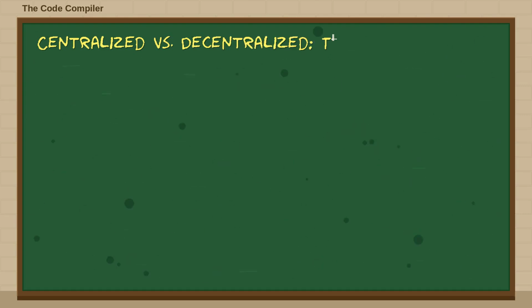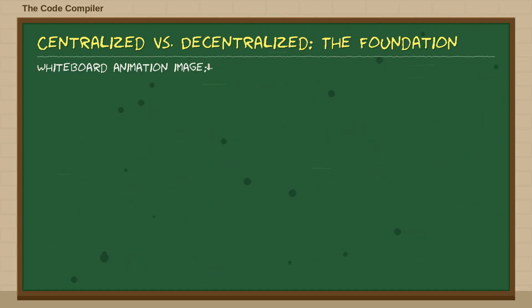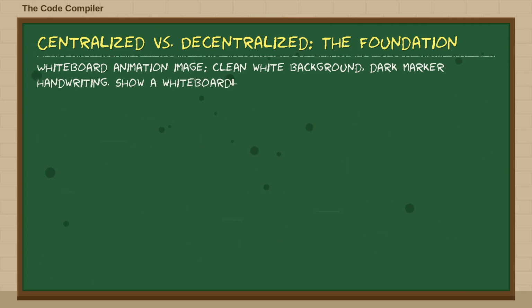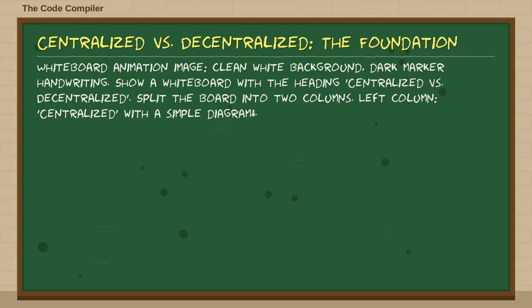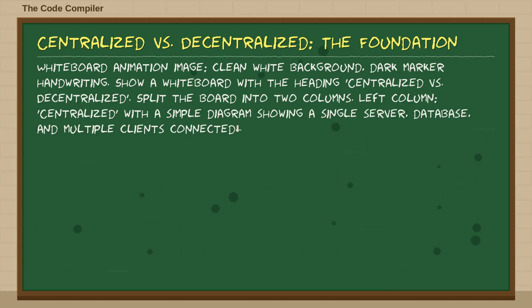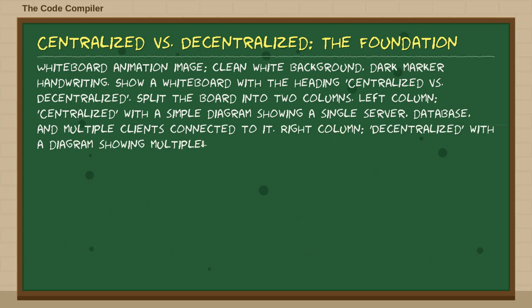Whiteboard animation image, clean white background, dark marker handwriting. Show a whiteboard with the heading centralized versus decentralized. Split the board into 2 columns. Left column, centralized, with a simple diagram showing a single server, database, and multiple clients connected to it.